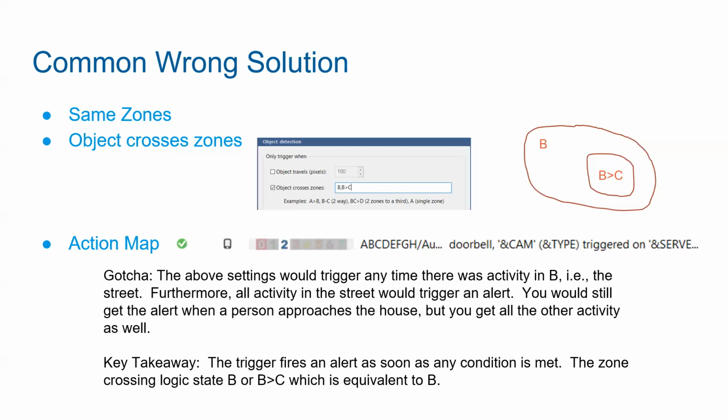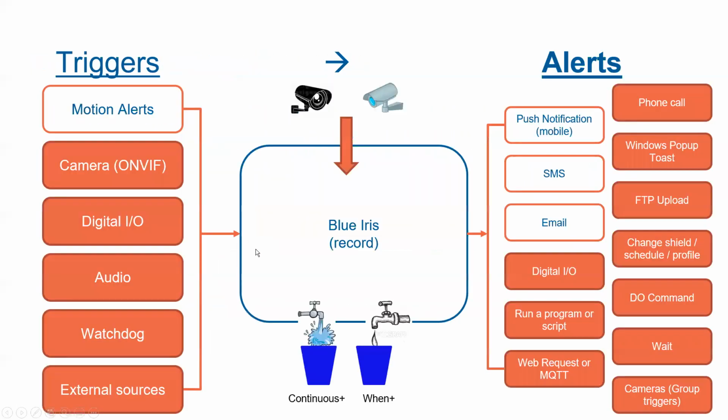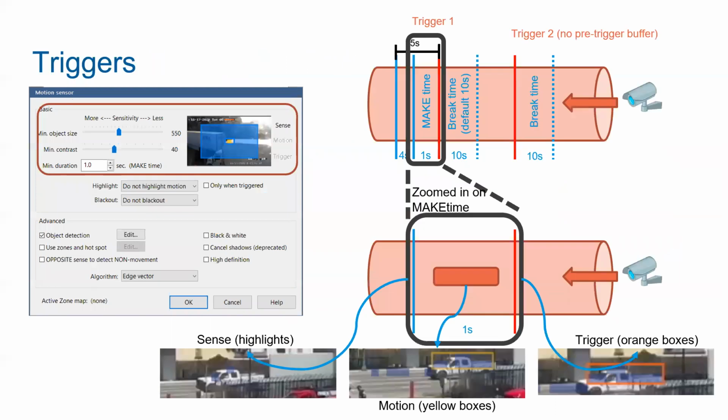Because when you wait, what you're telling Blue Iris is, instead of firing the alert right away, wait another 5 seconds. In those 5 seconds, Blue Iris is still listening and seeing if any other activity happens.